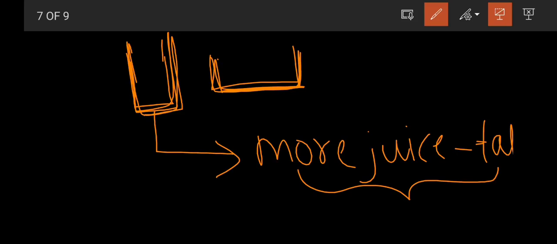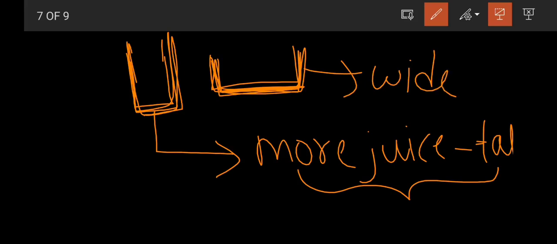The other aspect is that this one is not tall but it is wide, so it also has the same amount of juice.